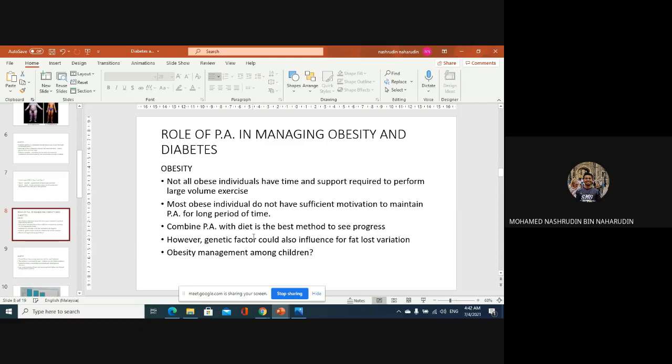And please do remember, don't prescribe exercise that is high risk to them. Just focus on low to moderate intensity rather than high volume, because most persons who have obesity, as I mentioned in my first 2 points, have difficulty sustaining their motivation because they are just trying to get used to the new daily routine, exercise routine, or dietary regimen.